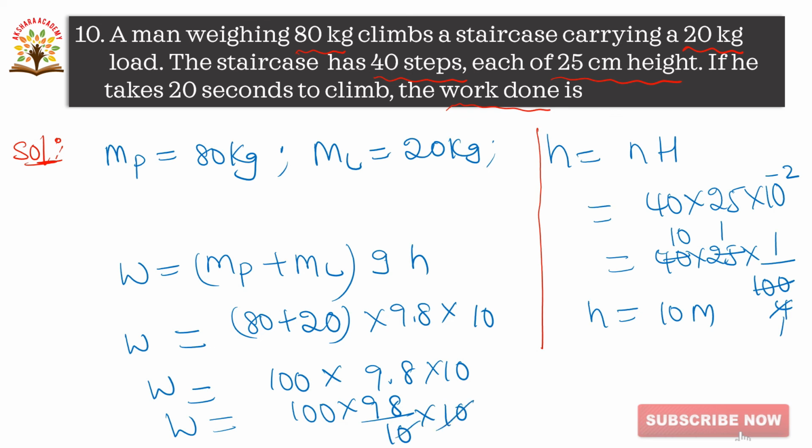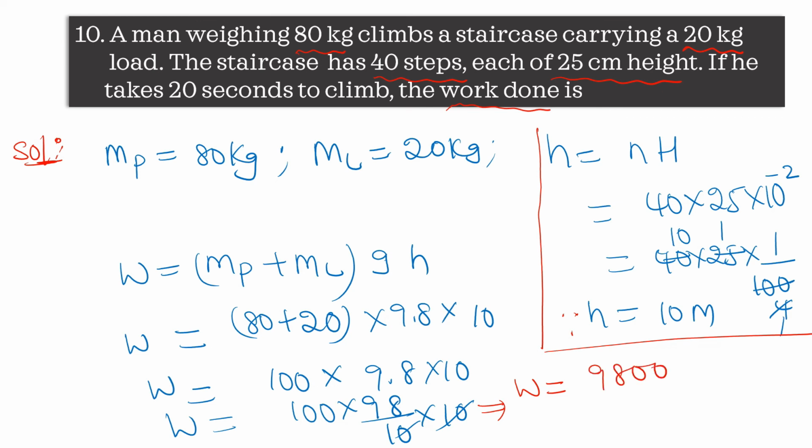We are getting W, the work done, is equal to 9,800 joules. In terms of kilojoules, we are writing this as 9.8 kilojoules. Okay, this is the final answer. Work done W is equal to 9.8 kilojoules. Okay, thanks for watching this video.